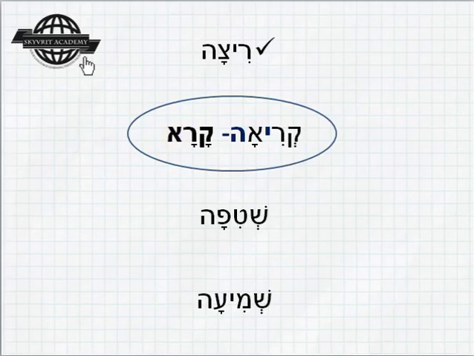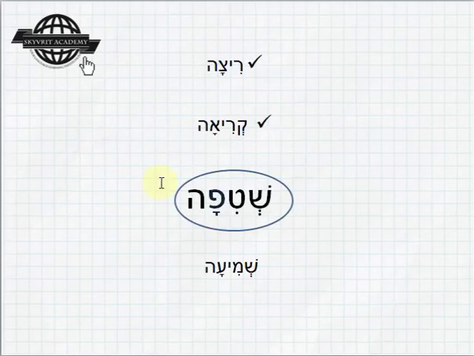So we can see again there's a lot of different examples here, but hopefully these are the main steps that you should use. Get rid of the yud and hey, and make sure that we don't have final letters. There has been a lot of information going on here, so I want to give you some homework.